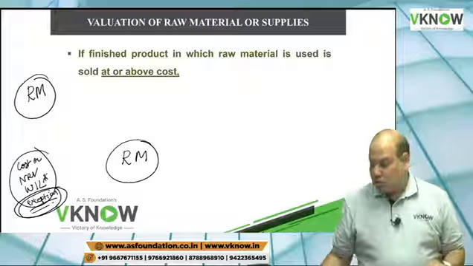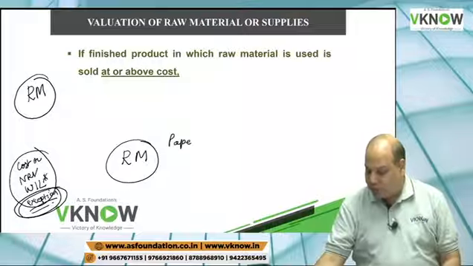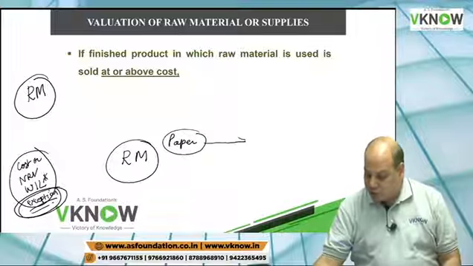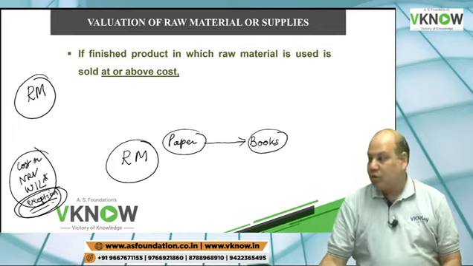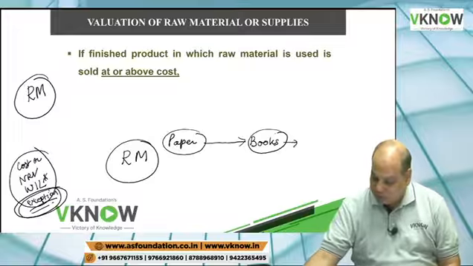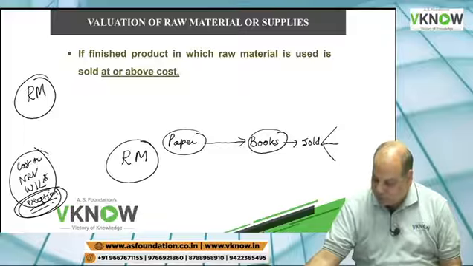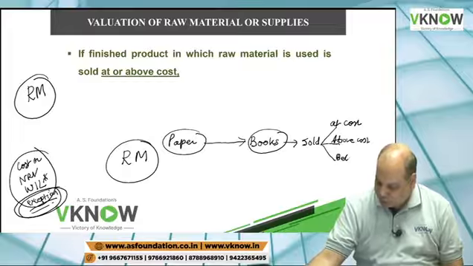What is the purpose of buying paper? Paper is raw material for us that is used in manufacturing books. Books will be sold. Books after manufacturing can be sold at cost, above cost, or below cost.